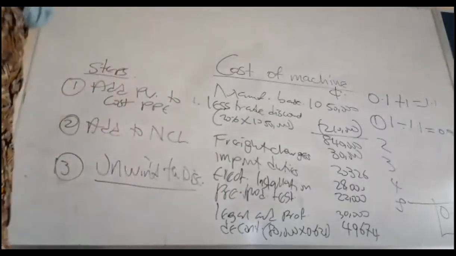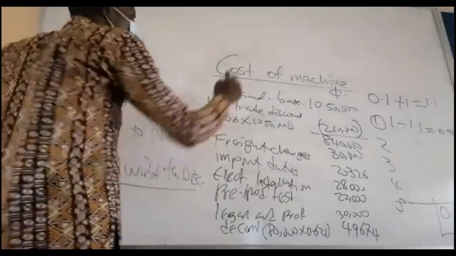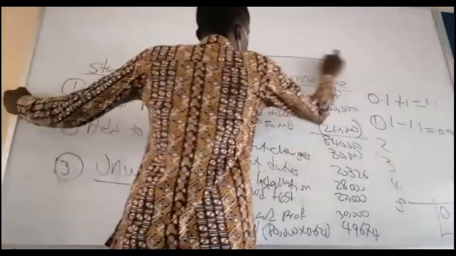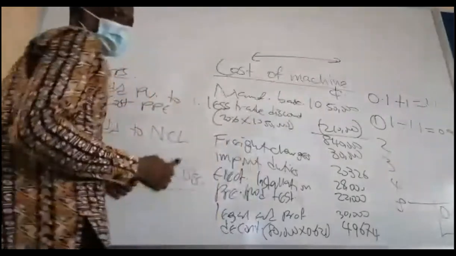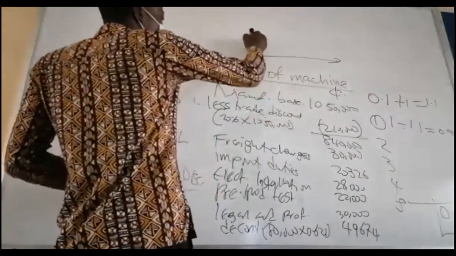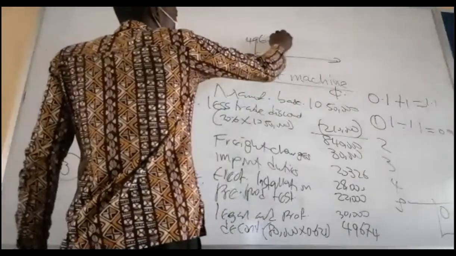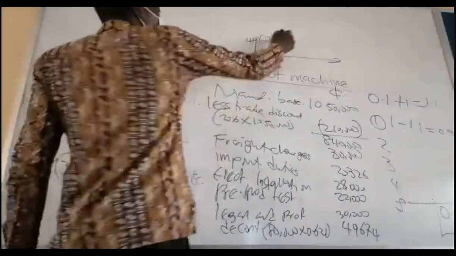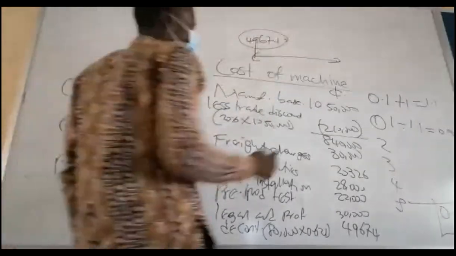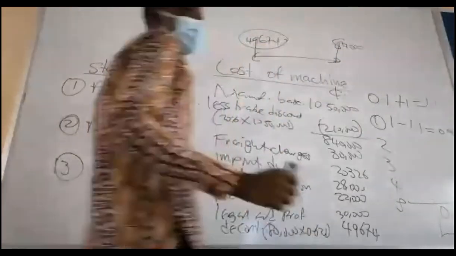Now, if I draw the timeline for you to get it, it's like this. The value today is 49,674. What can you do to this value so that at the end of the day, it will move towards 80,000 so that we achieve our aim?